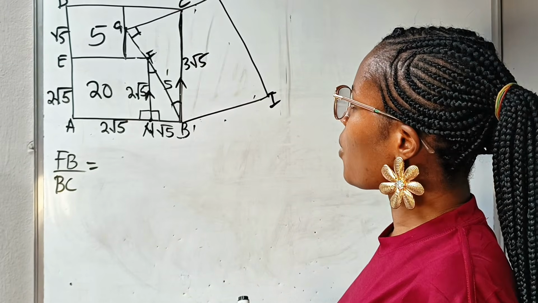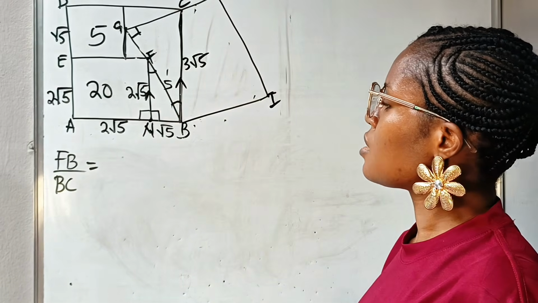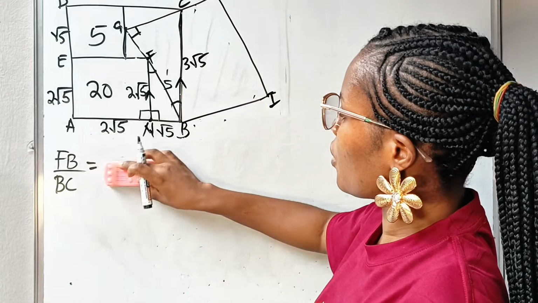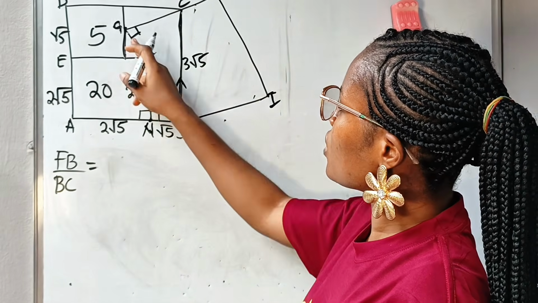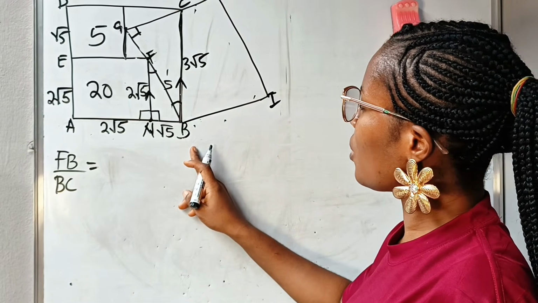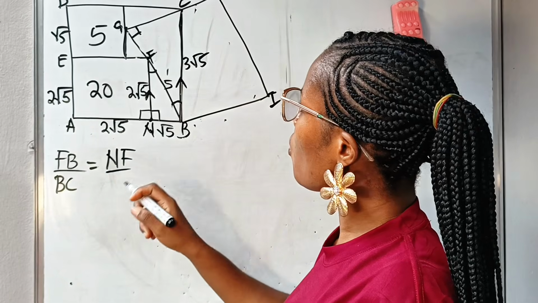Okay, so now we need this side, which is BG, one side of this square. So this side, BG, is equal to NF, right? So we have NF over BG.